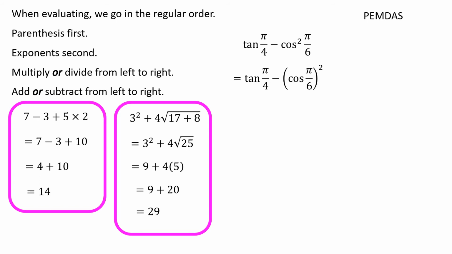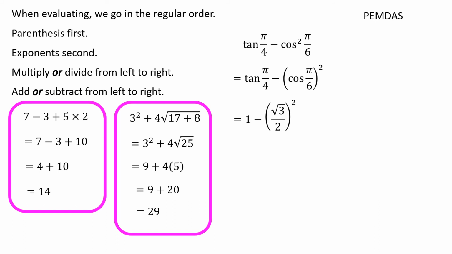So tangent of pi over 4 is just 1. And of course, cosine of pi over 6, we are in that little tiny 30-degree angle. Adjacent divided by hypotenuse is going to get us root 3 divided by 2, because adjacent to that little 30-degree angle is the longer leg.